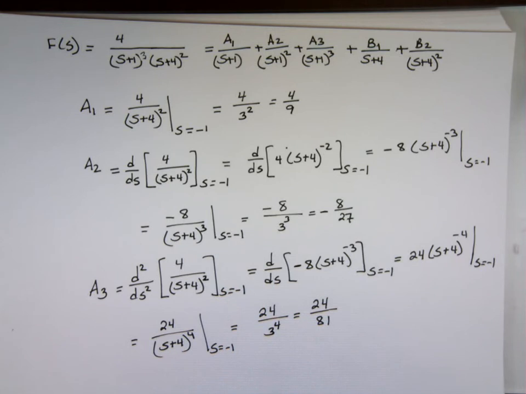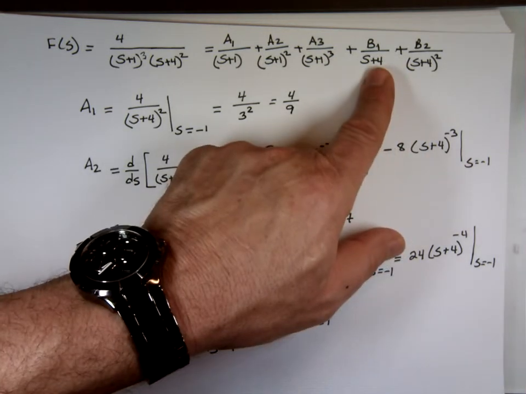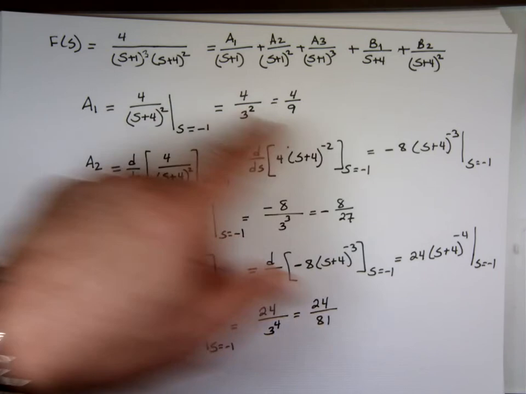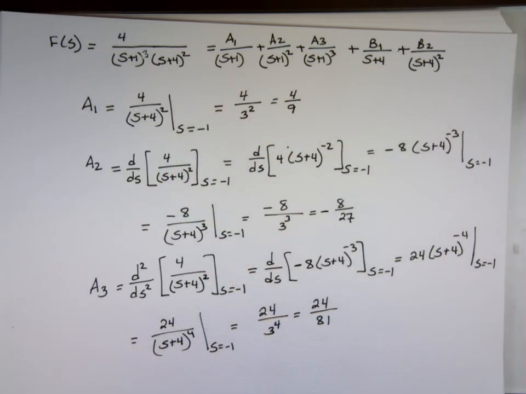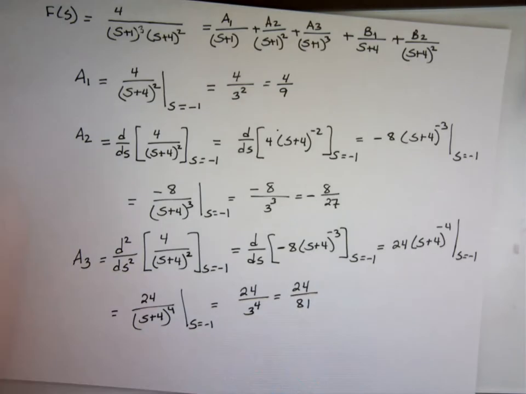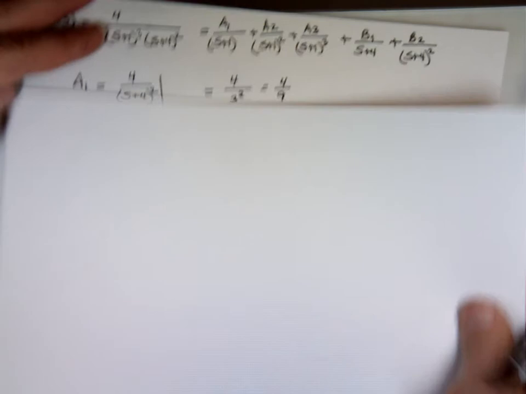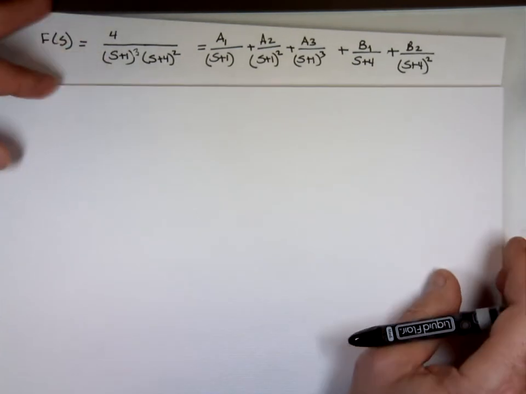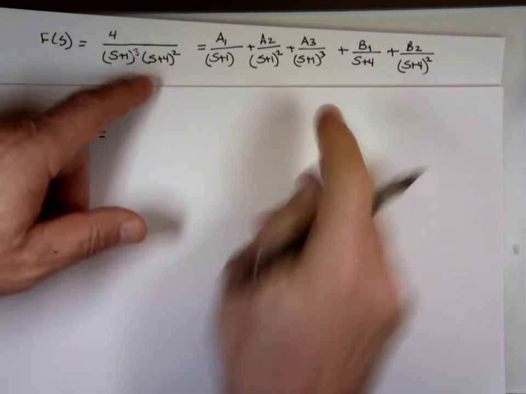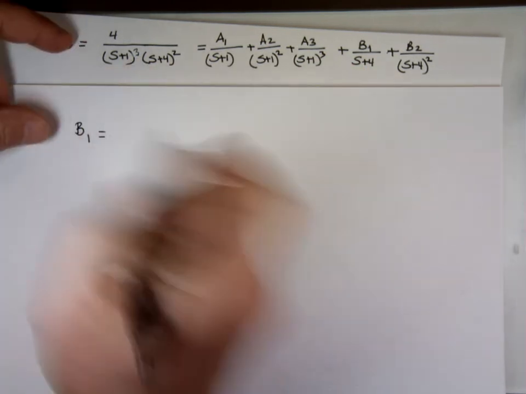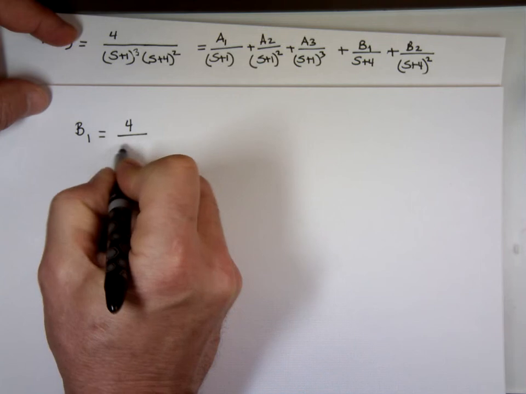B1 again, straightforward. We go to this expression. Notice B1 is sitting on top of s plus 4. We take s plus 4 out of this. Let's see what B1 is. Take the s plus 4 out of this expression. You have 4 over s plus 1 to the third.